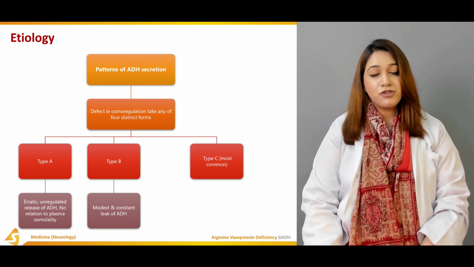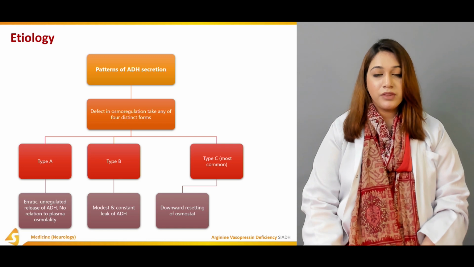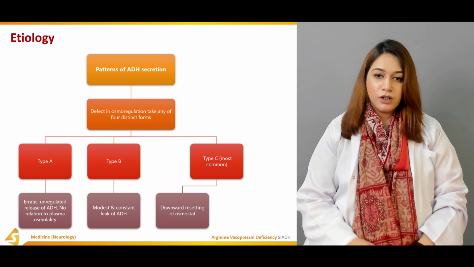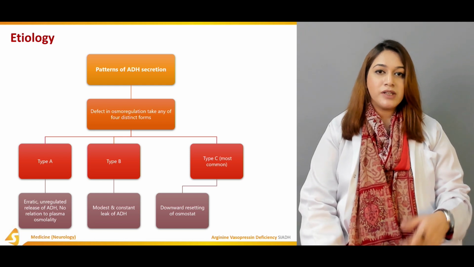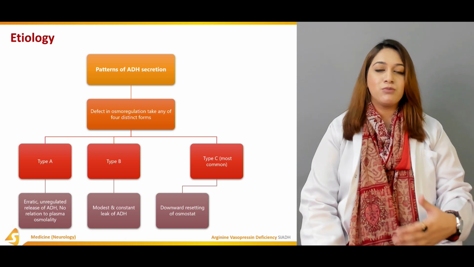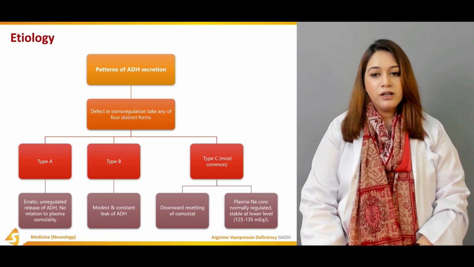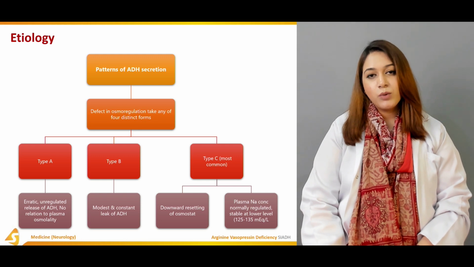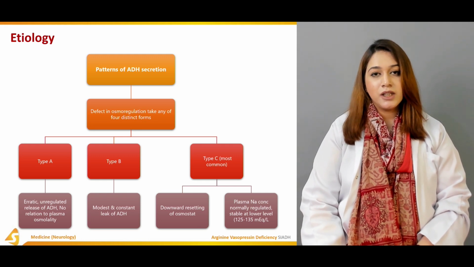Number three, which is the most common type, there is downward resetting of the osmostat, which leads to increased ADH secretion because the threshold can be reached more easily. And the plasma sodium concentration is normally regulated or stable at a lower level, that is 125 to 135 milliequivalents per liter in this type.